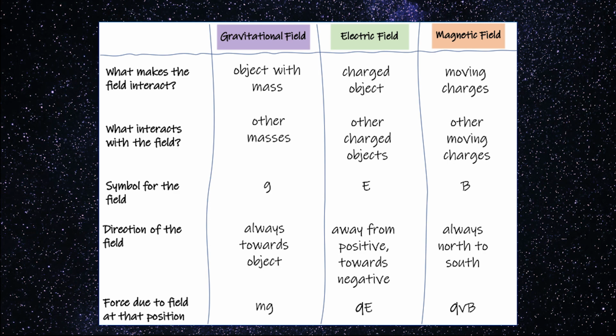You'll note that for magnetic fields, there's an extra term in there, velocity. This should not come as a surprise to you. Why? Because of course, magnetic fields arise from moving charges. So the thing being actioned on by the magnetic field is described by both its charge and also its velocity.